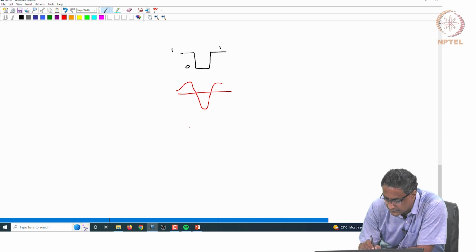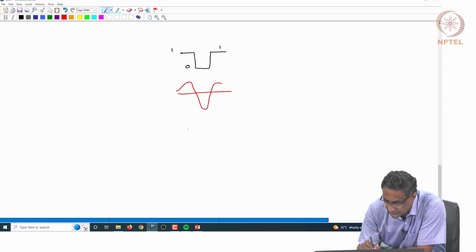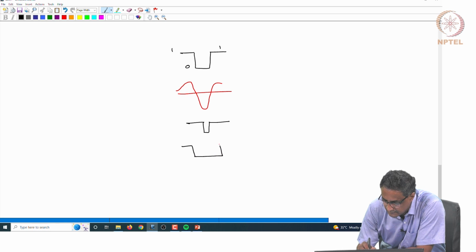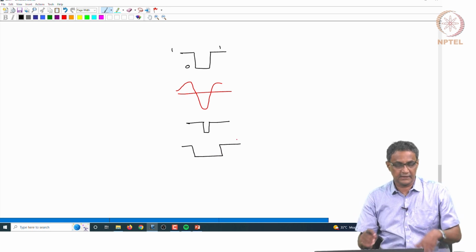A simpler way to do it is that I have a Mexican hat at a certain scale that I'm examining, then another like this, and another like this. So in each case, the blob width is changing, right?